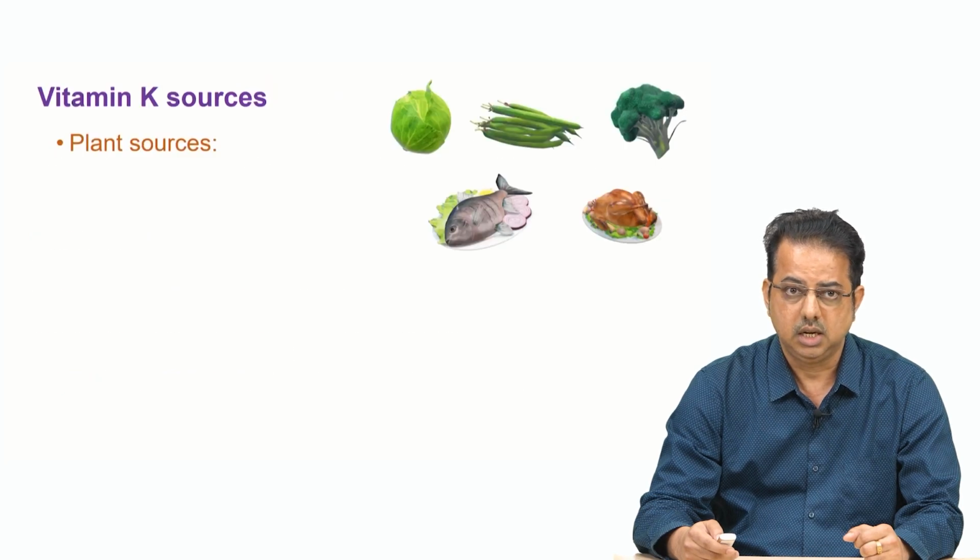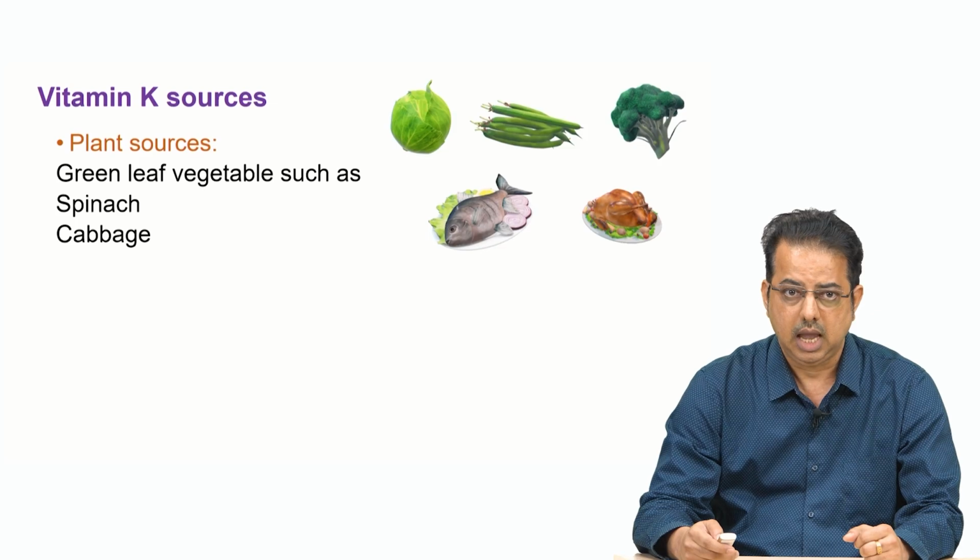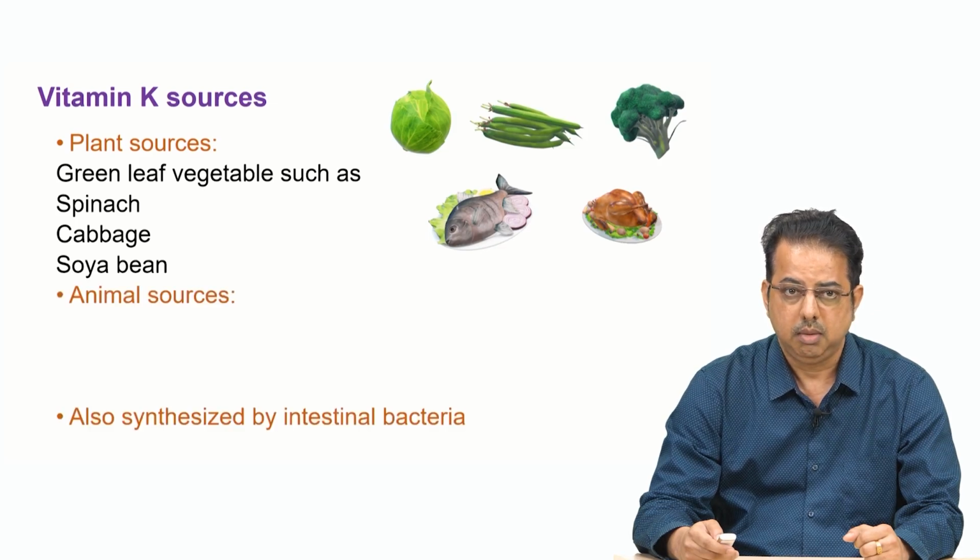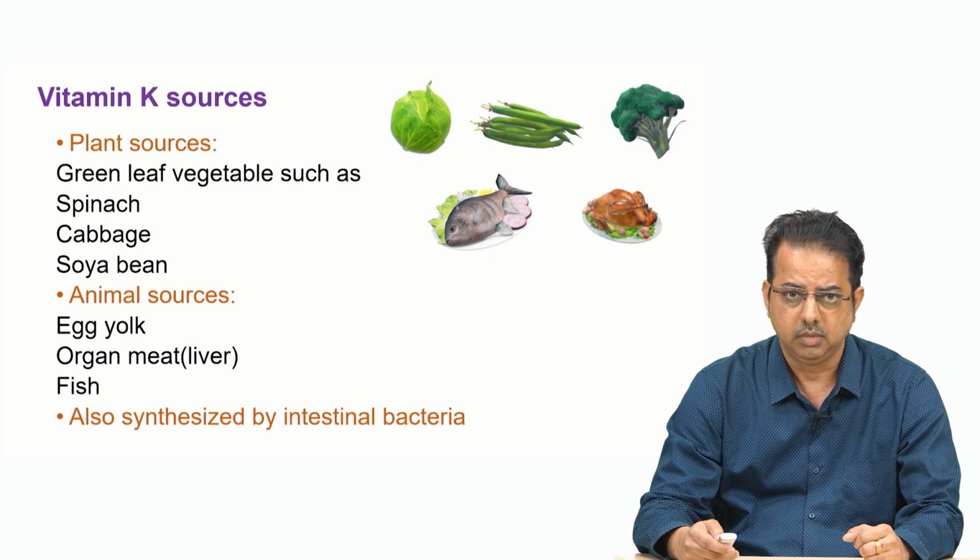Next, we will discuss the sources of vitamin K. Plant sources include green leafy vegetables such as spinach, cabbage, soya beans, etc. Animal sources include egg yolk, organ meat, fish. Please note that vitamin K is also synthesized by the intestinal bacteria.